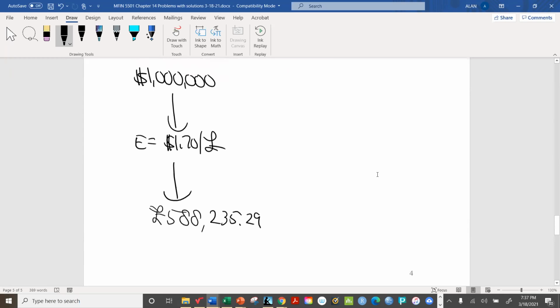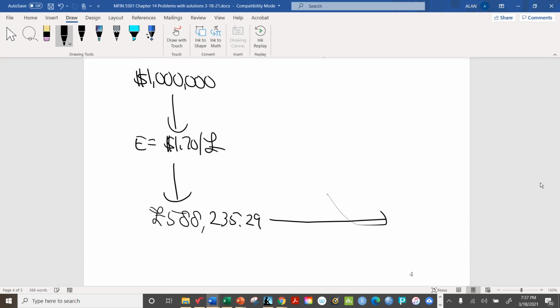Okay, now once we have those pounds in our possession, we want to earn interest on them. So we're going to put these in the euro sterling market.